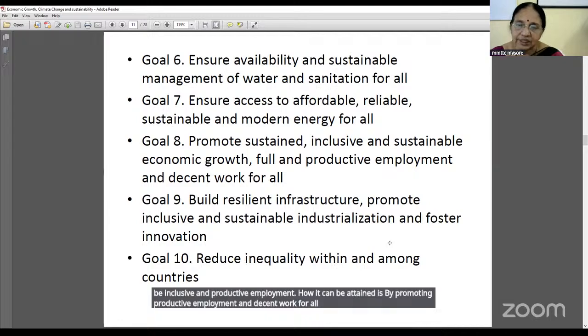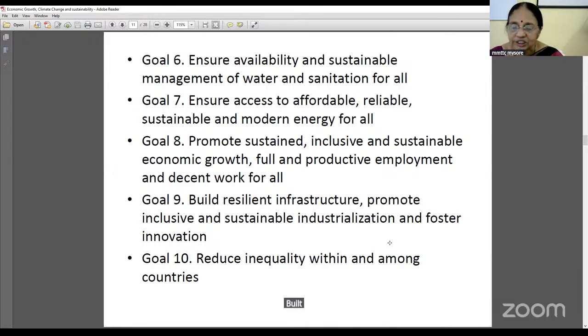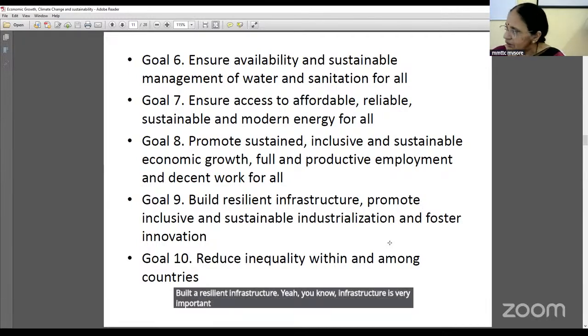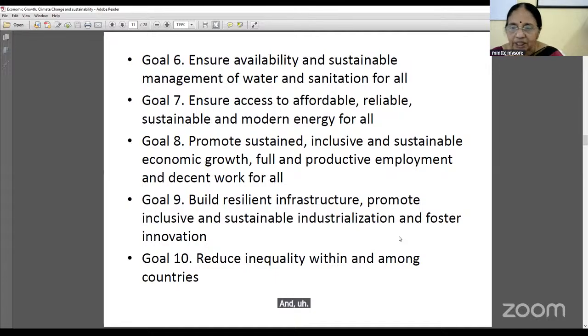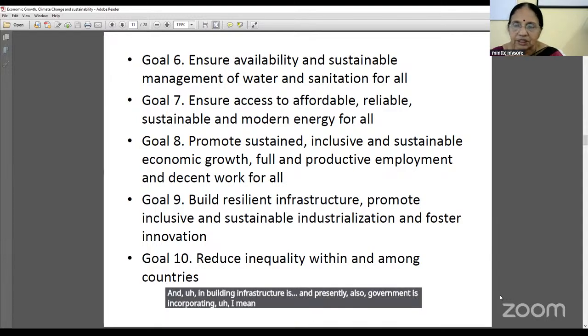And goal 9 is build a resilient infrastructure. You know, infrastructure is very important. And presently also the government is implementing several infrastructure projects. So build resilient infrastructure, promote inclusive and sustainable industrialization, and foster innovation.